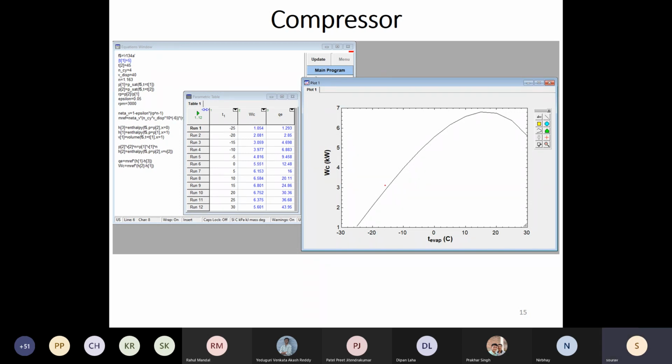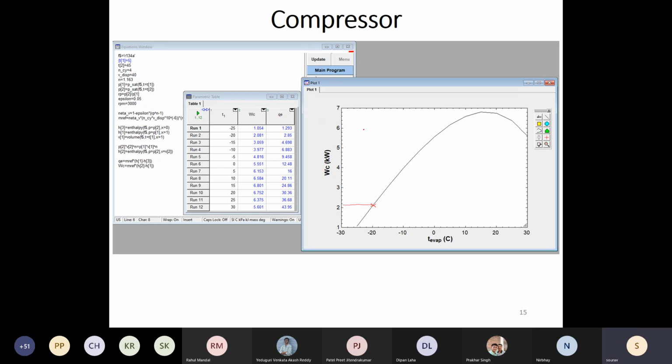Even if your operating condition is over here for a domestic refrigerator, in case you do not have any control over the RPM of the compressor, that is, it is a fixed speed compressor, or if you have only a single cylinder, so you cannot cut off the cylinders to reduce the power demand. So if you have no control over the power demand, then you will have to go through all this peak power required and then come to your rated power.